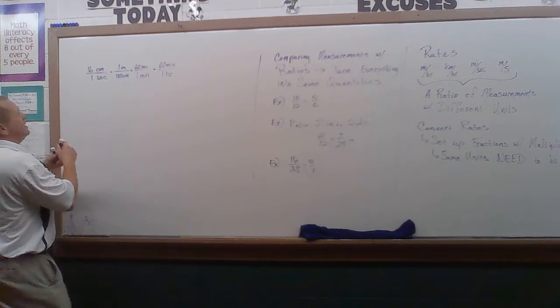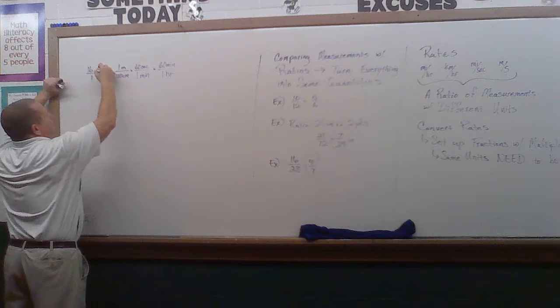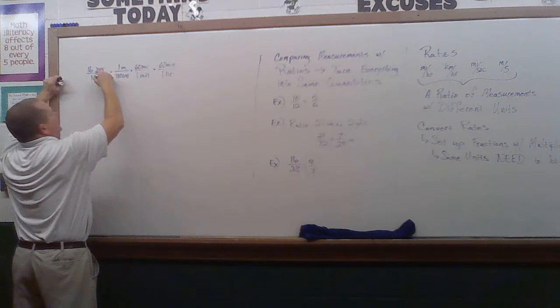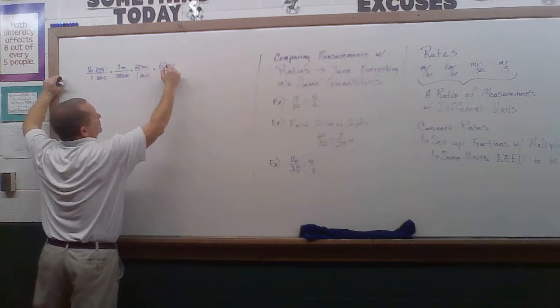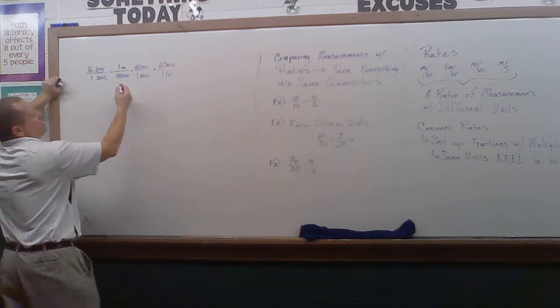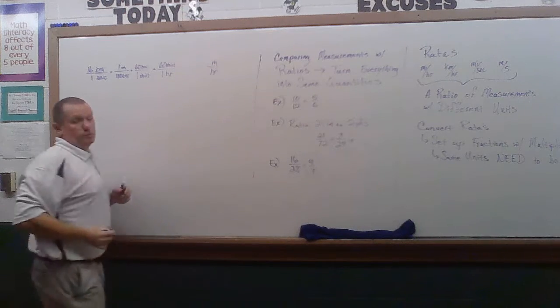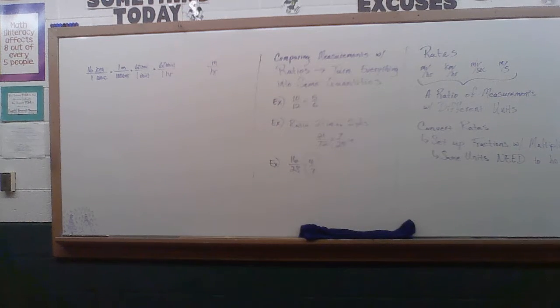But if you notice, if I come back and start crossing things out, my centimeters cross out, my seconds cross out, my minutes cross out, and what's left over? Meters per hour, and I believe that's what we wanted, right? And then I would just have to go back and I would start simplifying.